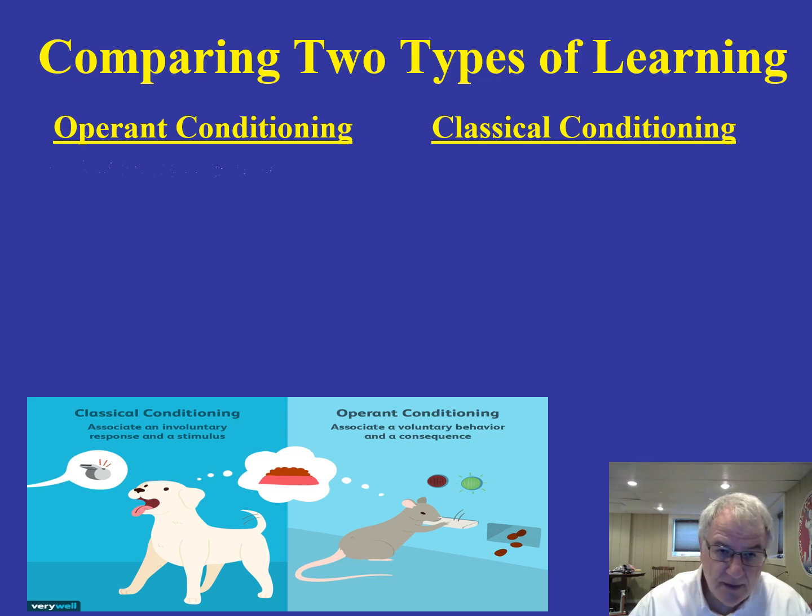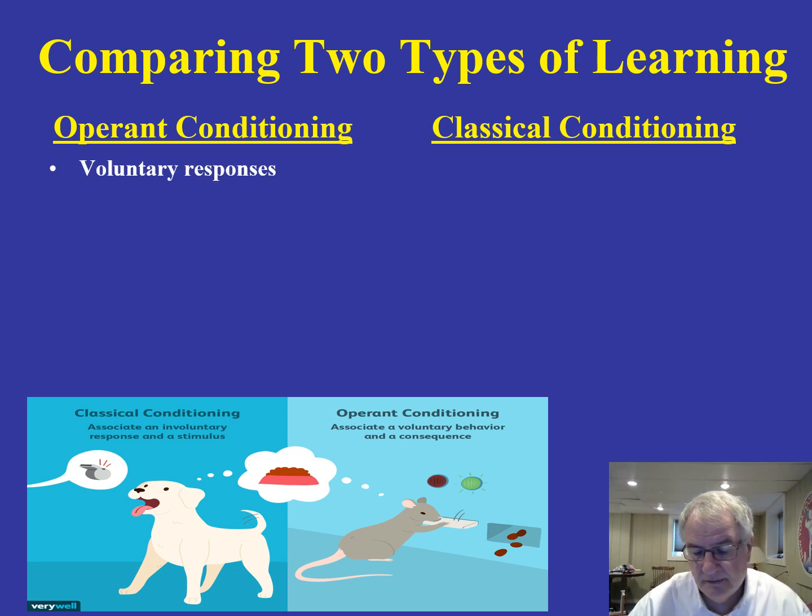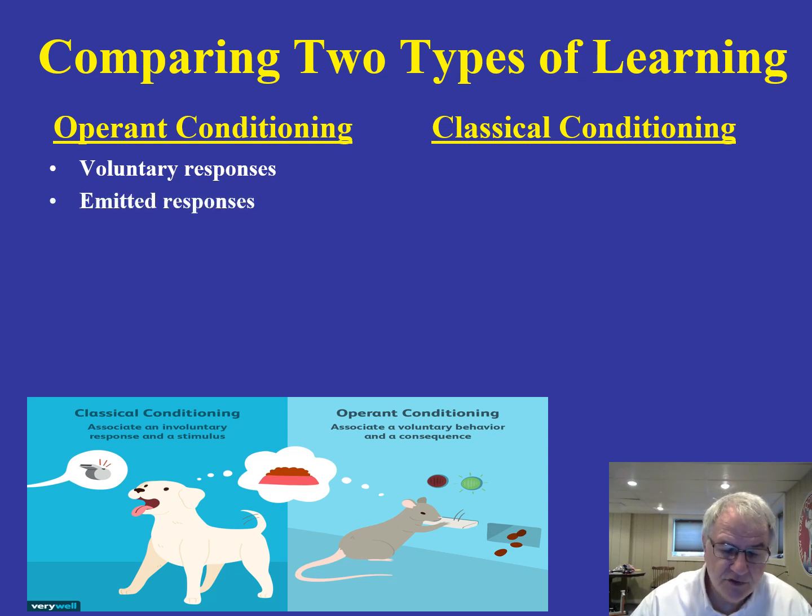So in operant conditioning, we're dealing with voluntary behaviors. In the case of an animal in a Skinner box, there's a wide array of these different voluntary behaviors that an animal can exhibit. These responses are what we call emitted responses.